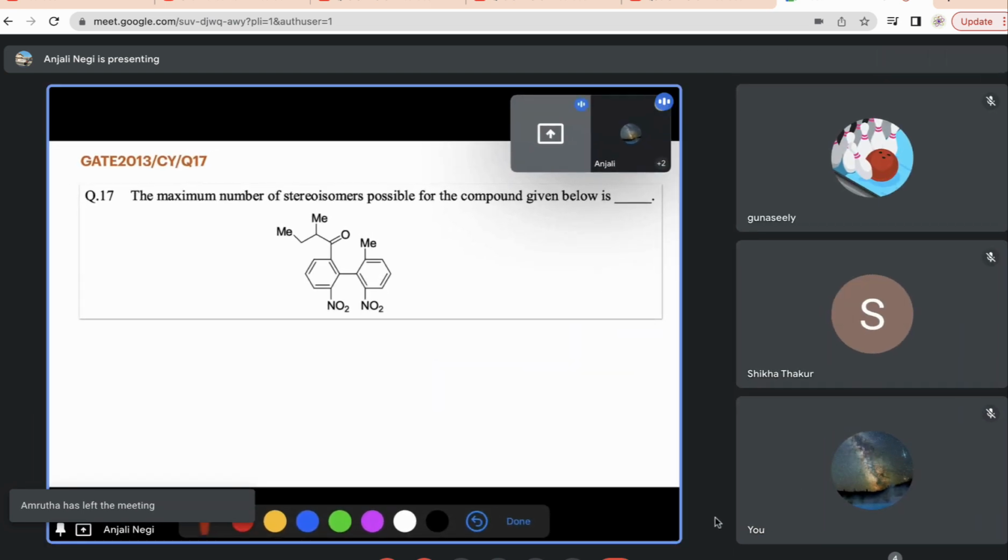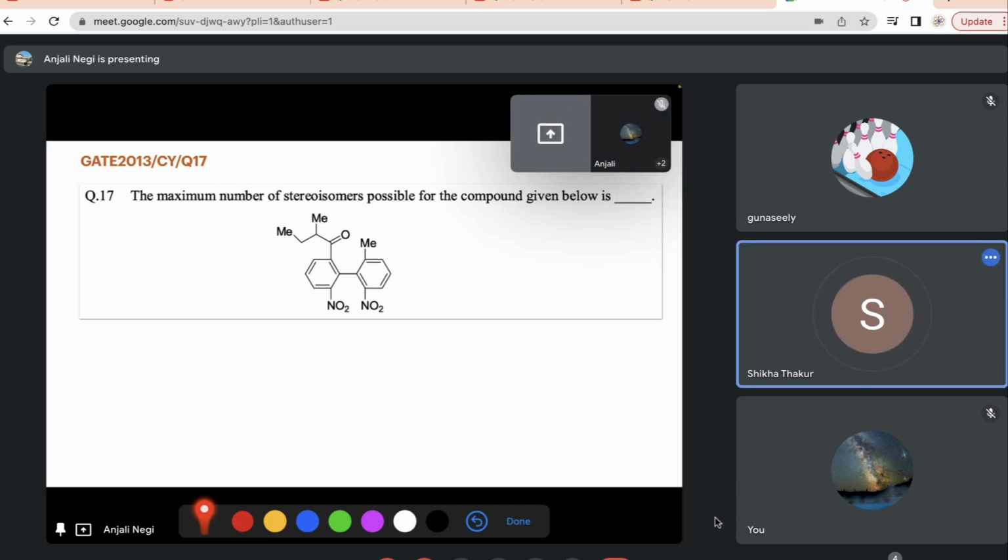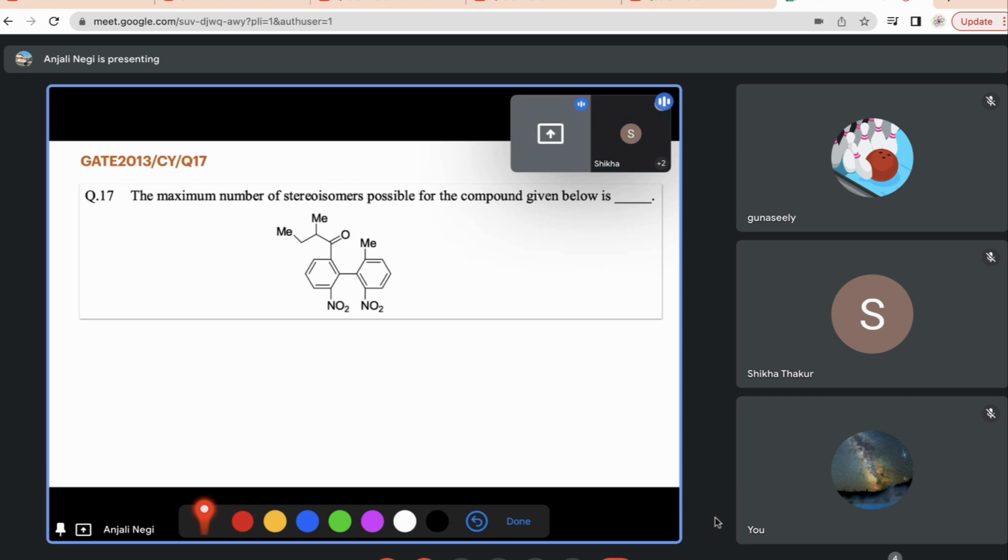Okay, so you can see the problem, right? Yes, ma'am. Okay, good. So the maximum number of stereoisomers possible, don't worry if you don't know the basics, it's not a problem. We will quickly go through it and find out the correct answer for this particular molecule.